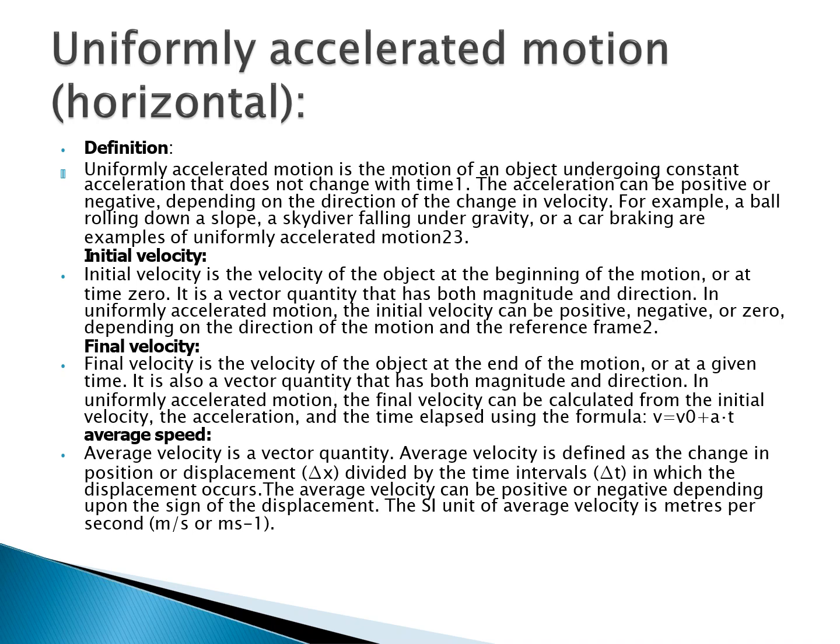In general, a uniformly accelerated motion is one in which the acceleration of the particle throughout the motion is uniform. It can be in one dimension, two dimensions, or three dimensions.